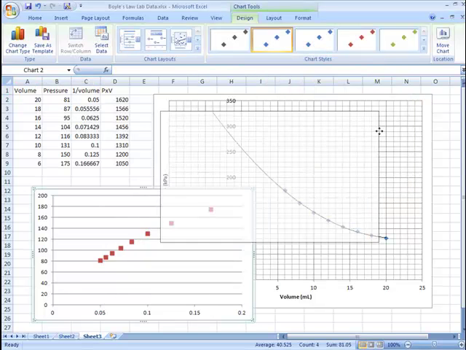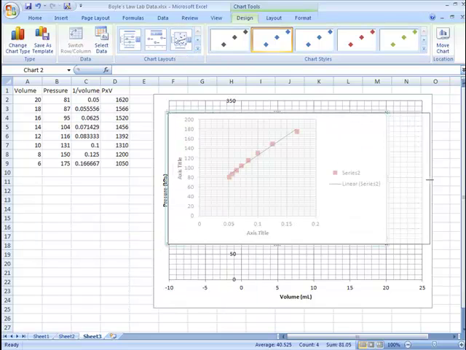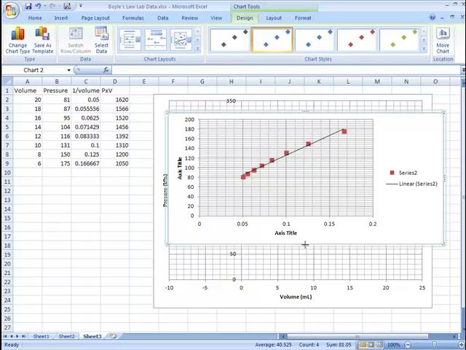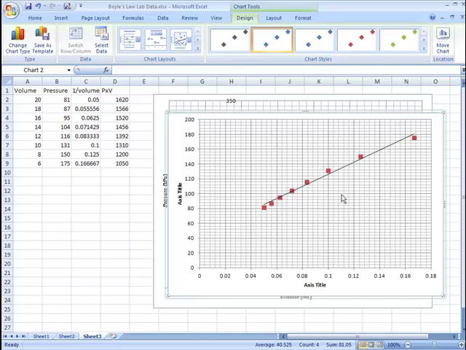So here you can see, here's what the data looks like. If you look at this data, does it look like it is almost a linear relationship? Yeah, but it kind of looks like it has a curve to it.